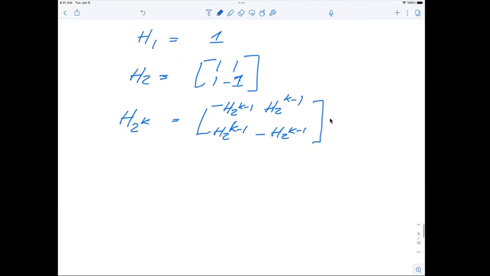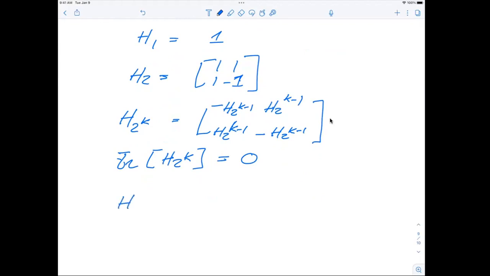The matrix is symmetric. It has trace 0. So that's another important property, which we will also use later. The trace of H2k is equal to 0. And you will see that the matrix is symmetric. And we see that because the non-diagonal matrix elements are the same. And it has also a very interesting property.